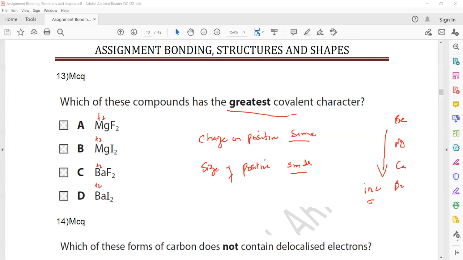Then the size of the negative ion should be larger for a greater distortion. When we go down, fluorine, chlorine, bromine, the size increases. We have iodine as well. That's why B is the right answer. Is it clear? Question 13.